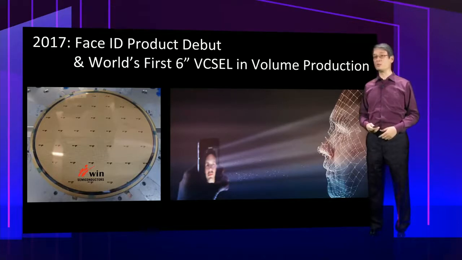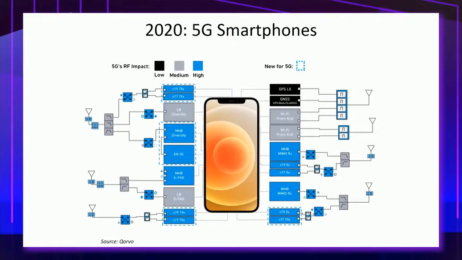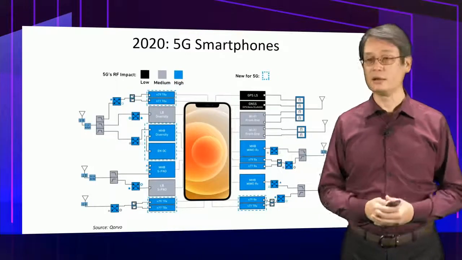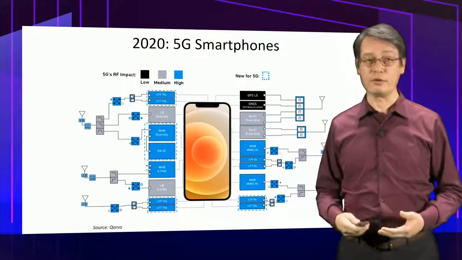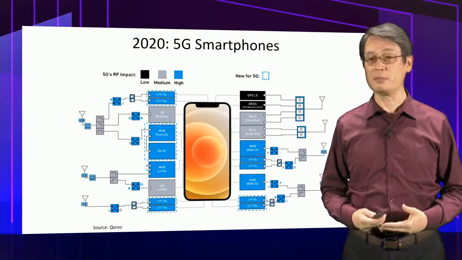This was the first time in the world that gallium arsenide VCSELs were in true volume production, on 6-inch gallium arsenide wafers at Win Semiconductors. 5G smartphones contain a lot more compound semiconductor content simply because there are newly created frequency bands for 5G, and therefore more gallium arsenide power amplifiers are needed inside each phone.